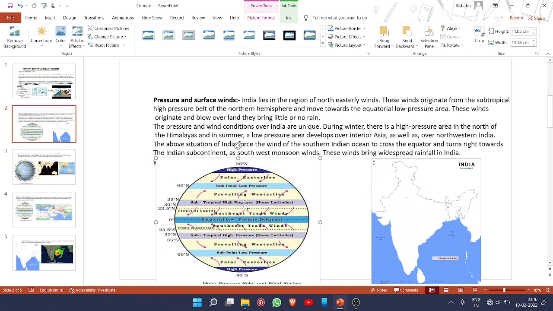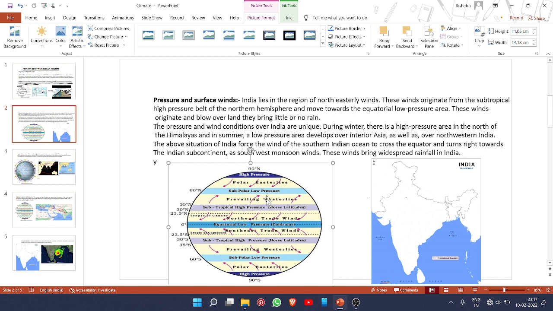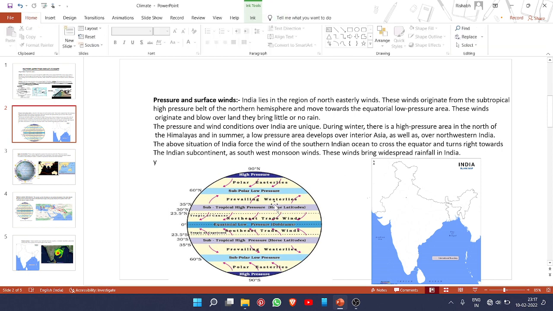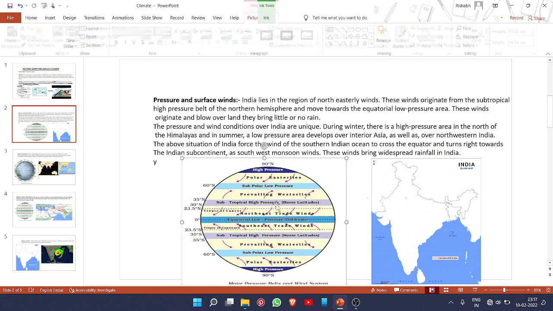Then, I think the arrow you are able to see, this is India. India is located north and south of the Tropic of Cancer. Means this is the area where India is located, isn't it?